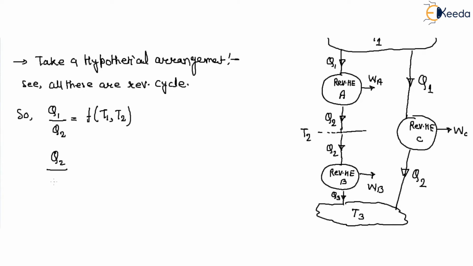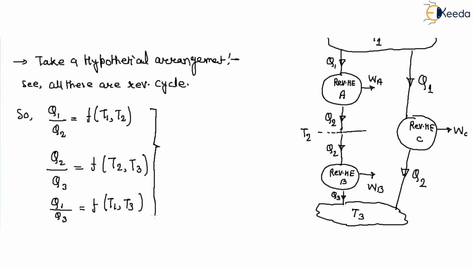For heat engine B, Q2 by Q3 is a function of T2 and T3. And for engine C, Q1 by Q3 is a function of T1 and T3. All of these have the same function f. Why?